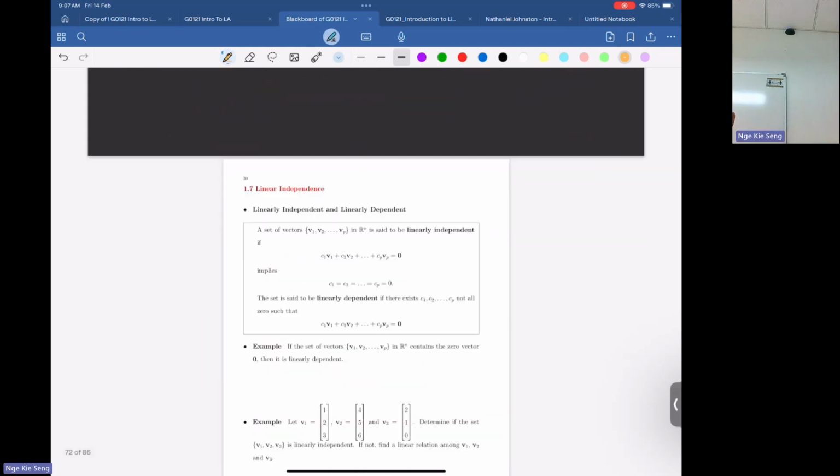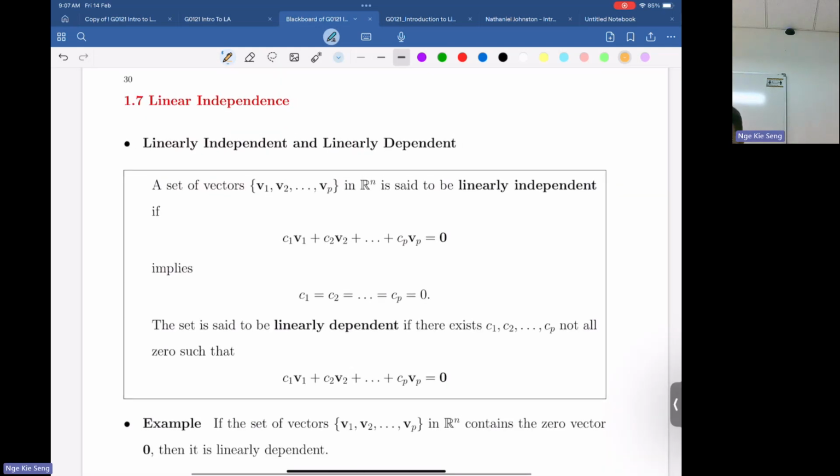Okay, if no question, let's start today's content. Next up, after span, we will talk about linear independence. Independence means what? There's no relation. What kind of relation are we hoping for here? Some sort of linear relation. Look at this definition.